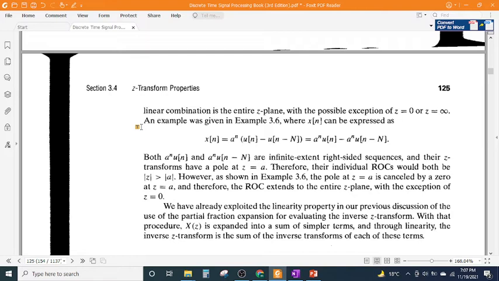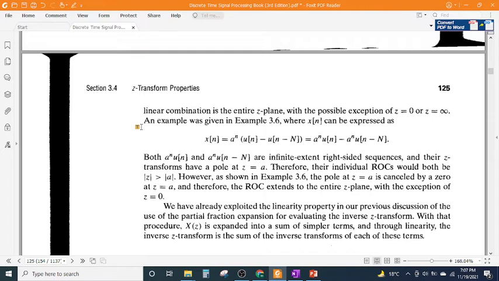Therefore, their individual ROCs would both be |z| greater than |a|. However, as shown in Example 3.6, the pole at z equals a is cancelled by a zero at z equals a, and therefore the ROC extends to the entire z-plane, with the exception of z equals 0.